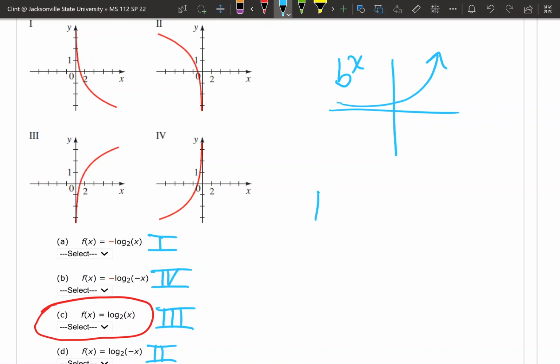Exponential is like that. Log looks like that. Okay. Need to remember those. Just the basic shape. You don't have to remember many details.